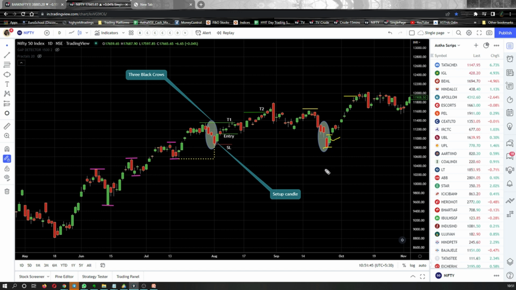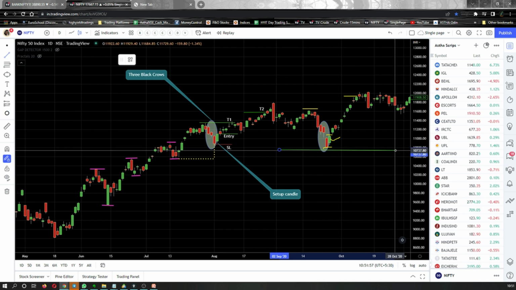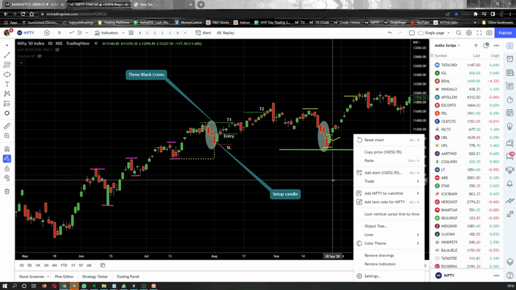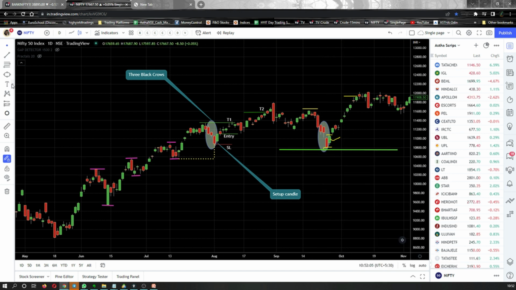Don't you think, as I said, if we bring in a technical, let's say a pivot line, okay, let's say a pivot. So let me get back to the chart here, and let's say we have a pivot line somewhere here. Or for that matter, we have a moving average which is moving like this, and we clearly see that the support is being taken just above the moving average or exactly at the moving average, whatever it may be.